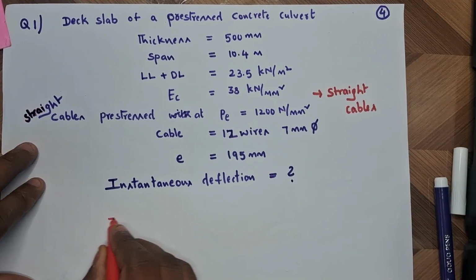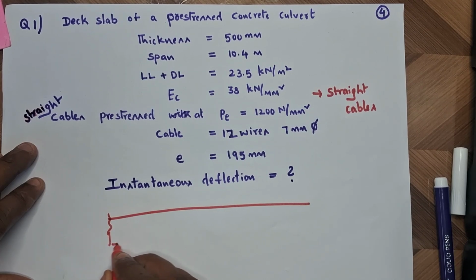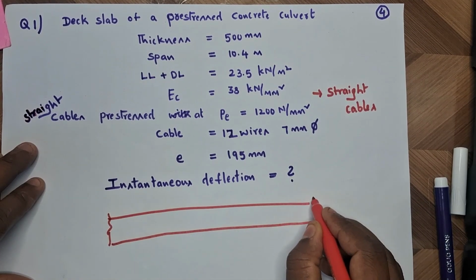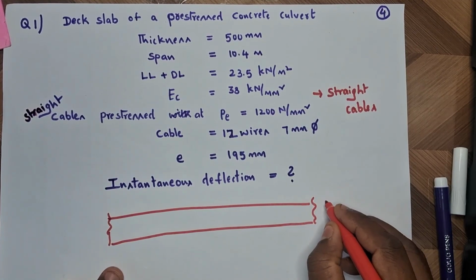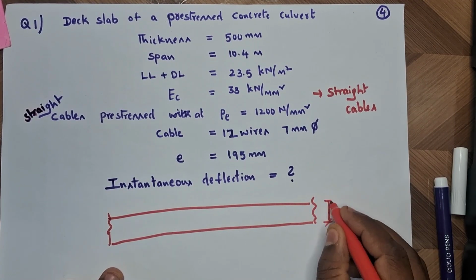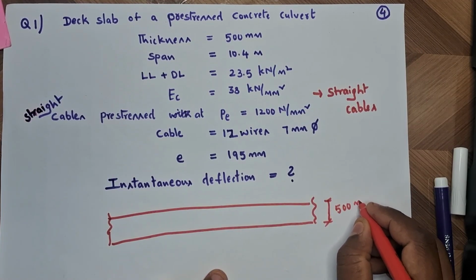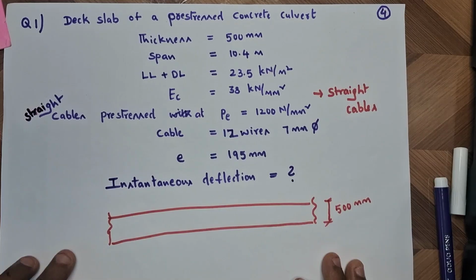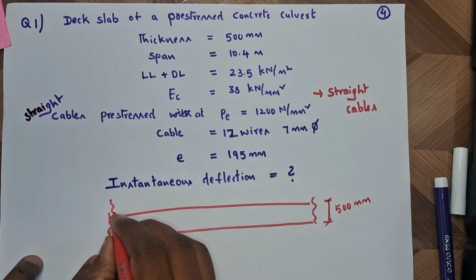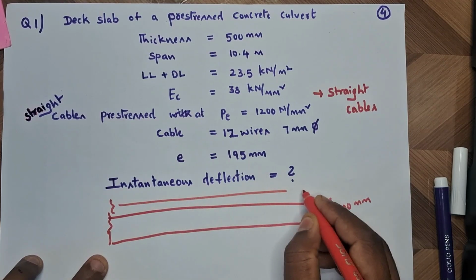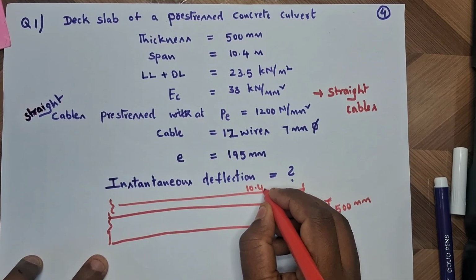We will draw the figure first. Suppose this is the deck slab. The thickness of this slab is 500 mm. The span is around 10.4 meters.